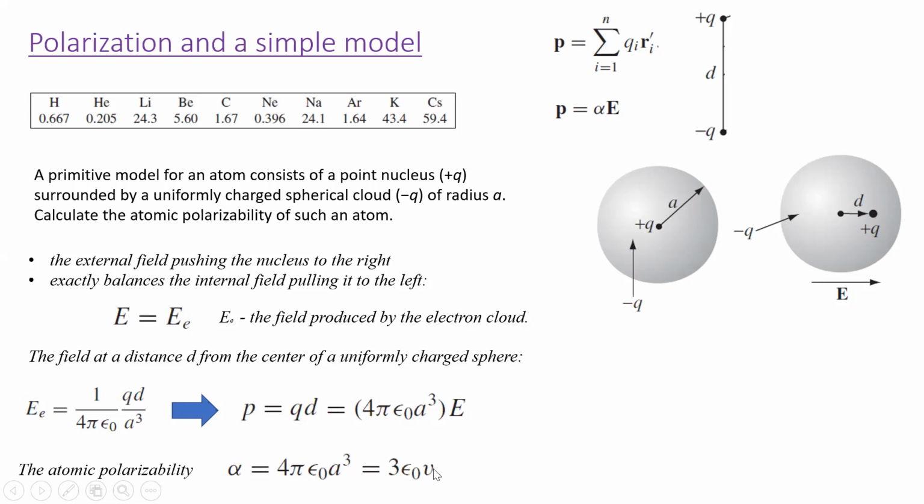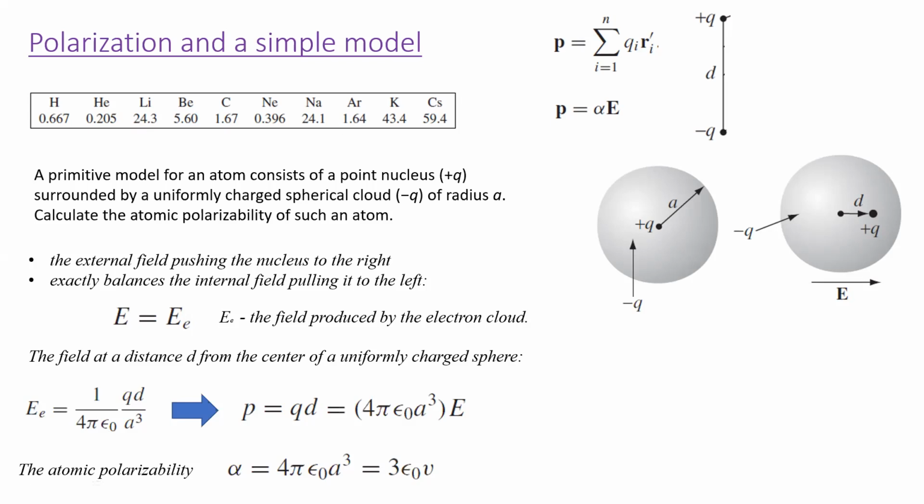And so this just predicts that the bigger the atom, the bigger the polarizability will be. And we know that's not true from this table up here. It's too simple because helium and lithium and beryllium are all bigger atoms than hydrogen. And for example, argon is bigger than lithium, but has a much smaller polarizability.